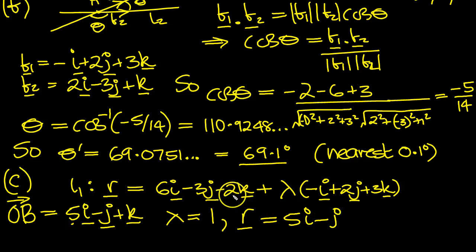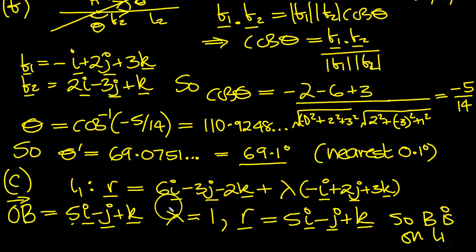And then minus 2 plus 3, 3 minus 2 is 1. So r equals that, which is the point B, isn't it? The point OB. So B is on L1. So that's part C.